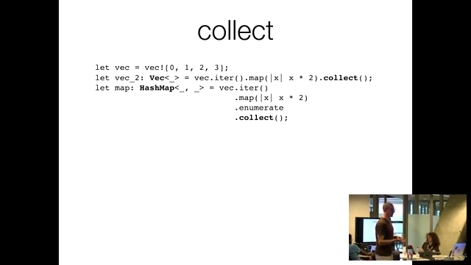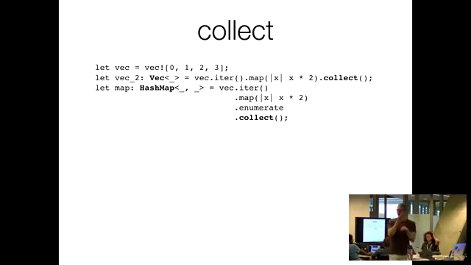And then in the second example, we're going to do map again, but then we're going to run enumerate. And so this is going to give us an iterator of counter variable and value pairs. And then we're going to collect into a hash map. So we're going to get a map from the counter variables to the values.